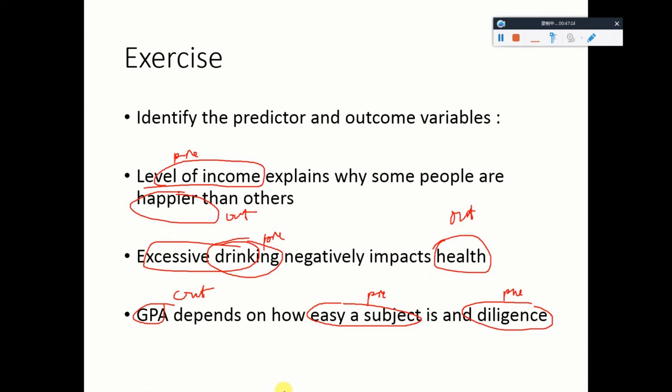Okay? So be careful, right? Make sure you understand the definitions of outcome and predictive variables, and don't rush once you see questions like these on the exam. Make sure you understand what the sentence means and then make a decision. It's not very difficult, just be careful. Okay? All right.